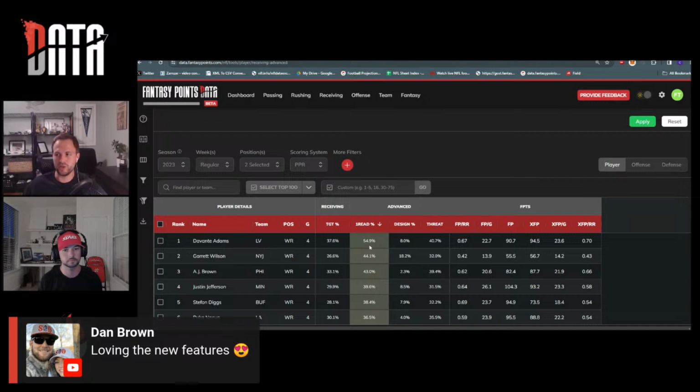So we include the design targets in this first read percentage because we feel that what people are trying to gain from this is really how often are teams looking to throw to this receiver first. So those design numbers are included in this percentage, but I'm just pointing out that there is a difference between the two.